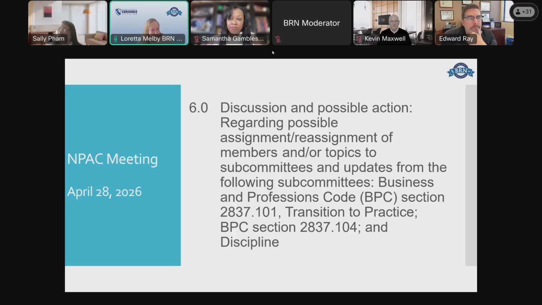Of course, we implement the law as written as we go forward, and if we have to update regs, then we update regs at that point. But the current transition to practice, the current requirement to work as a 103 in order to become a 104, and transition to practice being in state versus out of state is still required until statutory law changes. Any questions on that?